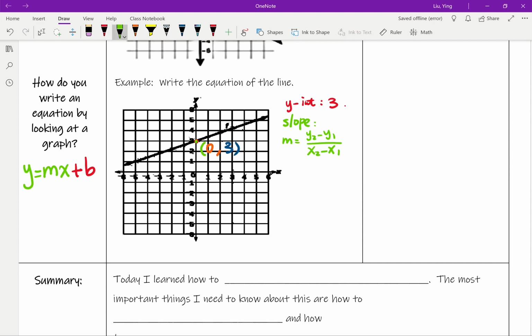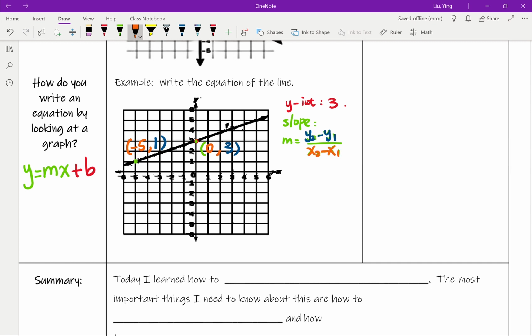Now we need to find another point. So we could find, for example, this point, because it's right on the grid, we can see it. So the coordinate for this point is (-5, 1). So using these 2 points, we can then use the formula y2 minus y1 over x2 minus x1.